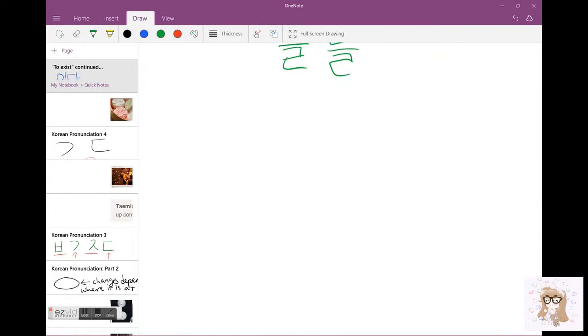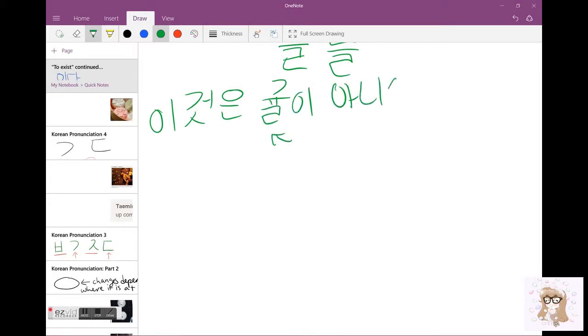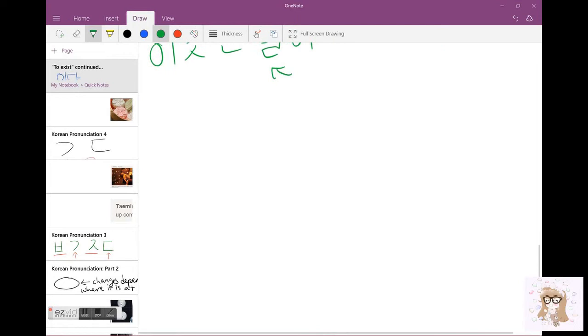So let me add other sentences here. Let's say this is not a tangerine. We'll say igosun gyul i, because it ends in a consonant, and then anieyo. This is not a tangerine. You could also say this is not an apple.